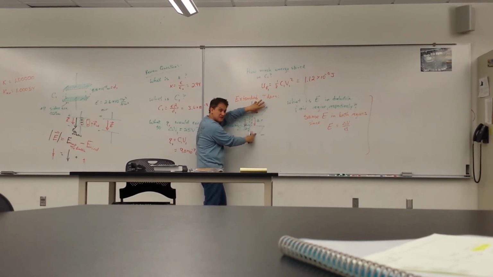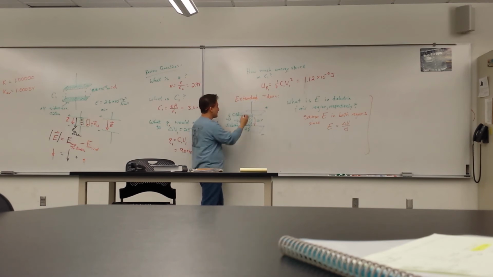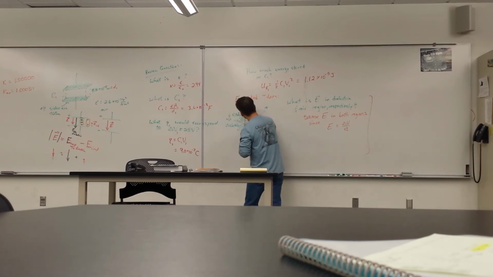And how much charge has to be stored over here in order to maintain the electric field on this side? So let's call this over here Q1, and over here it's Q2.